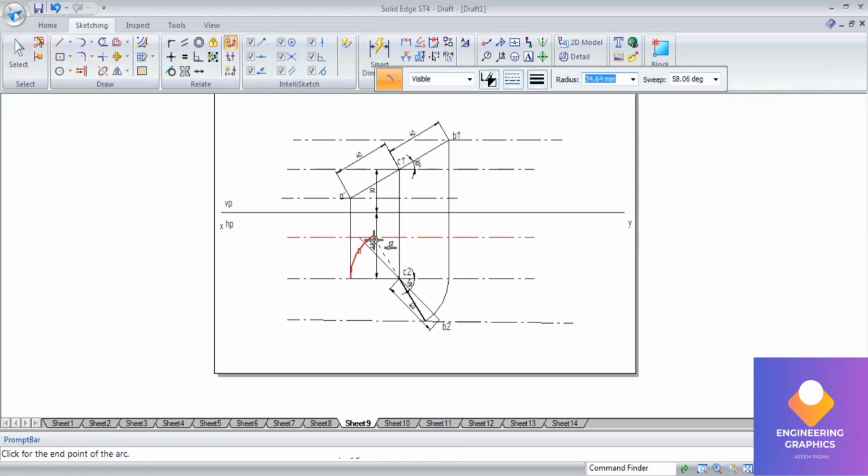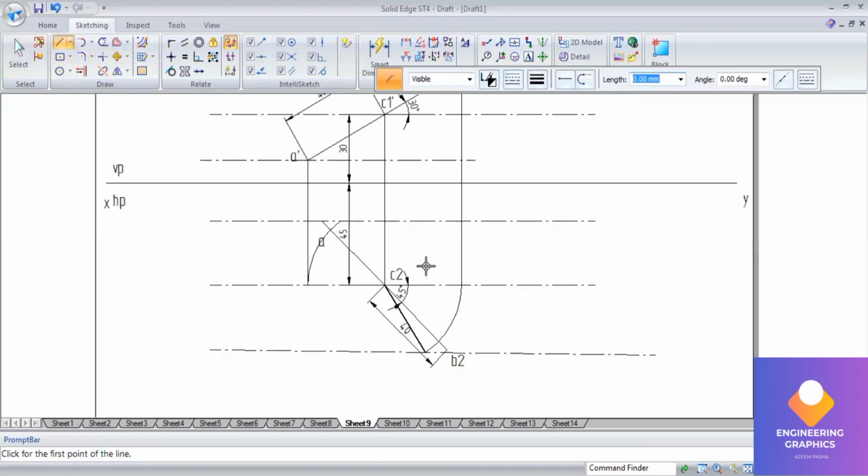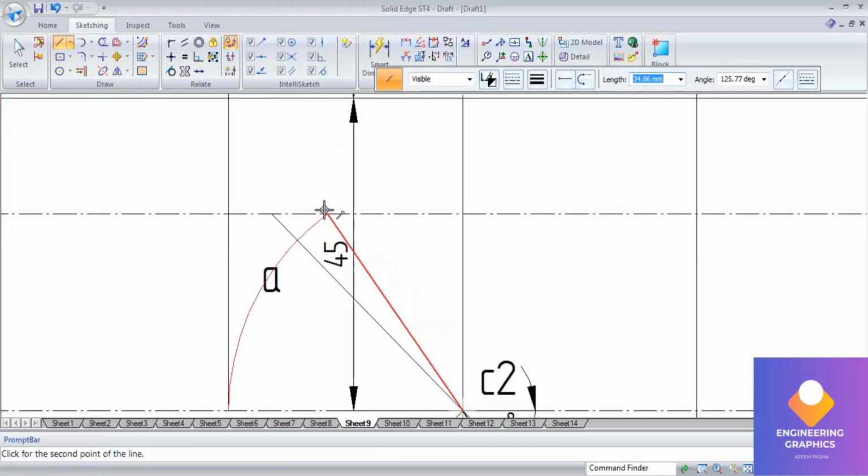So we should not rotate this true length. Sorry, we should rotate only the upper end length. I think this is wrong here. I'm going to redo it again here.